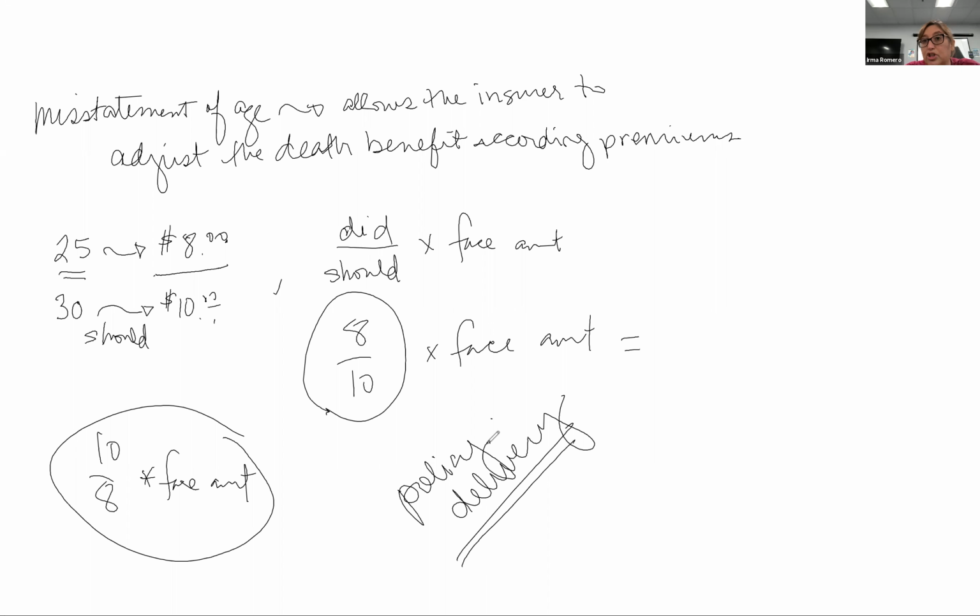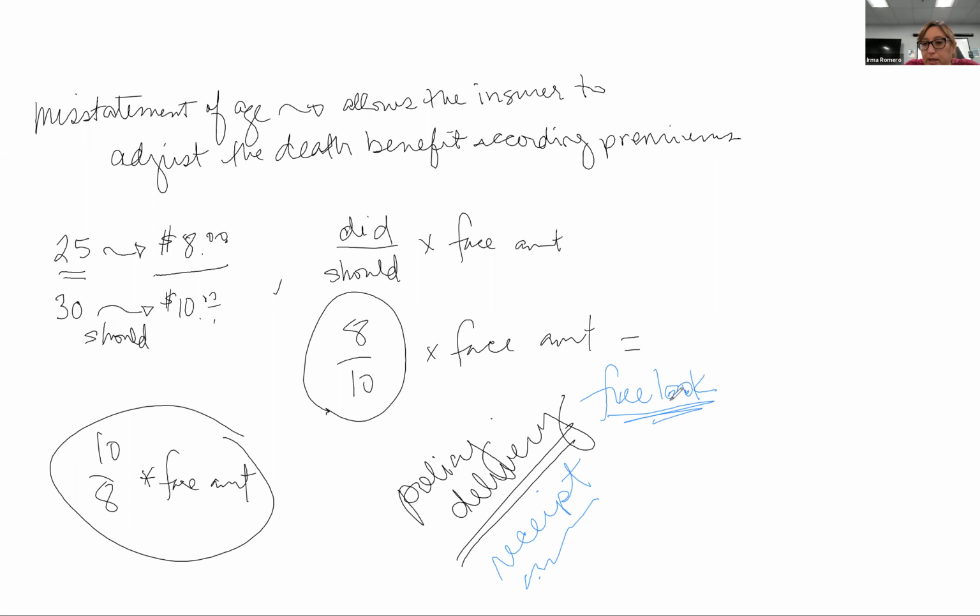The policy provision is so important because you have to get a receipt, any receipt where the insured or the policy owner signs. The reason it's so important is that this begins the free look period.